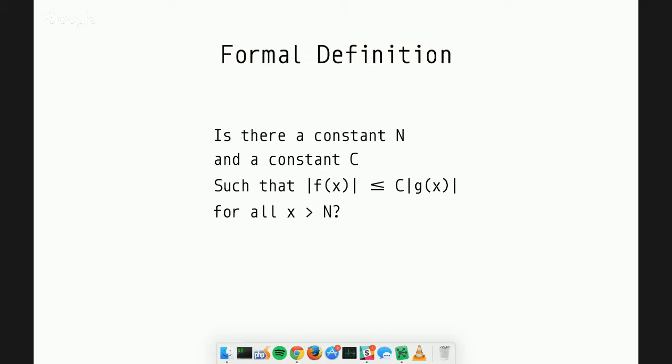And the formal definition of big O notation is basically a function f of x is big O of g of x if there's a constant n and a constant c, and by constant I mean a number that does not change, such that the absolute value of f of x is less than or equal to c times the absolute value of g of x for all x greater than n.